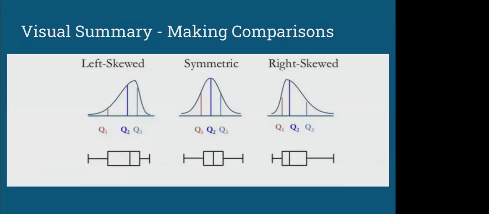The Q2 is closer to Q3. So you see that the median of the data set is closer to the high end of the data. Okay? So if it is left skewed, the left whisker is longer than the right whisker.